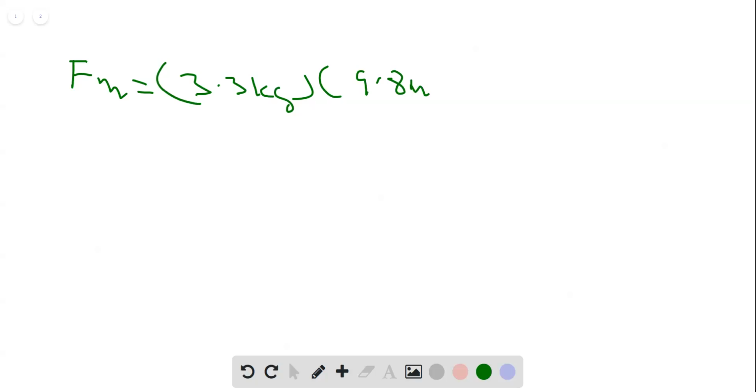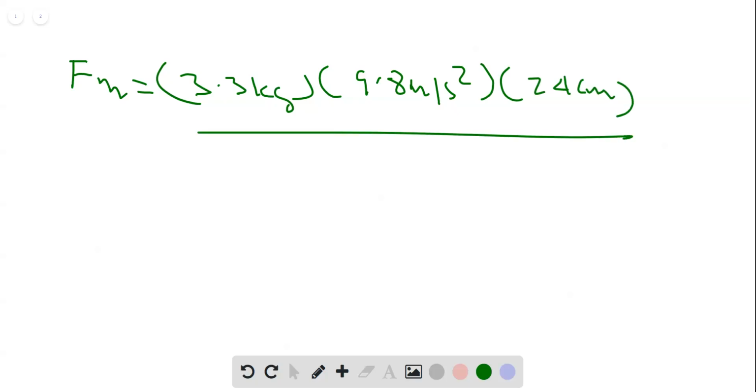Next page, we start plugging in those numbers to get Fm. So we see that Fm is 3.3 kilograms times 9.8 meters per second squared. And we don't have to do the conversion to meters, even though it helps, because the centimeters are going to cancel each other out.